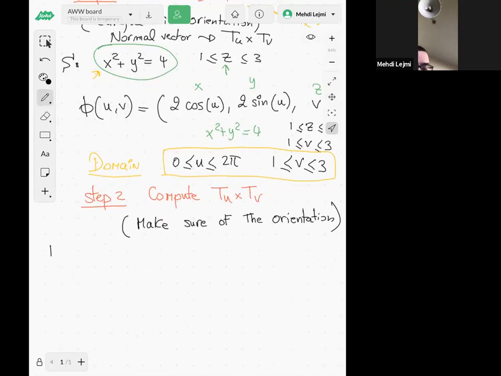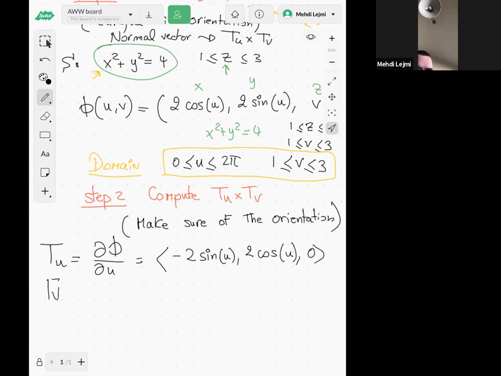What's T_u? T_u is just the derivative of phi with respect to u. This is supposed to be a vector. So it's minus 2 sine of u, 2 cosine of u, and then the derivative with respect to u of z is just 0. Now you need T_v, which is the derivative of phi with respect to v.